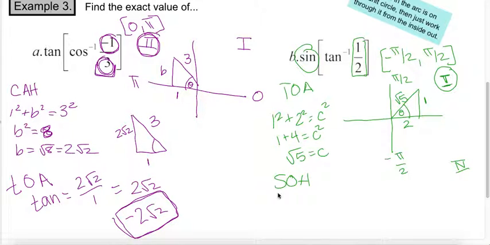So I'm looking at the opposite over the hypotenuse, which means I'm looking at 1 over the square root of 5. So now ask yourselves, is my answer going to be positive or negative? I didn't have any negatives to ignore in the first place, so my answer for this problem is actually 1 over the square root of 5.